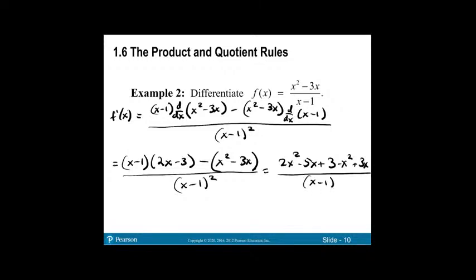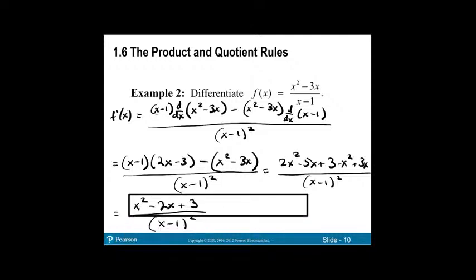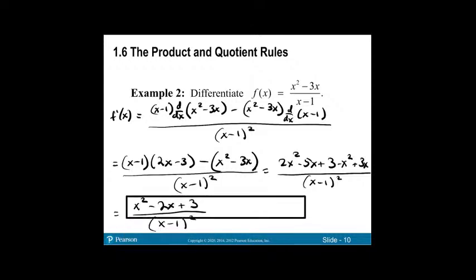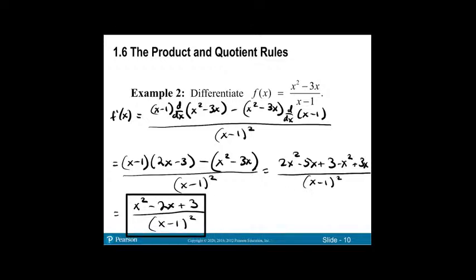Okay, so then that's going to be, if we combine like terms, we get x squared minus 2x plus 3 over x minus 1 squared. Okay. And what I'm going to do, I'm going to shrink all this down just a little bit.